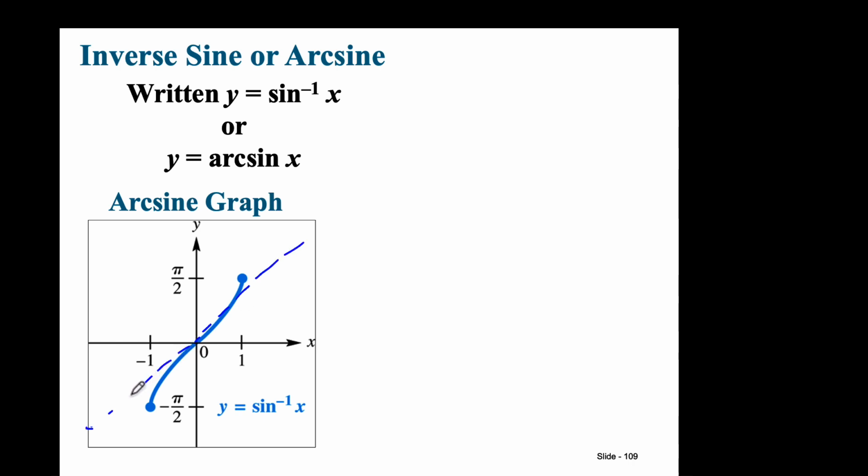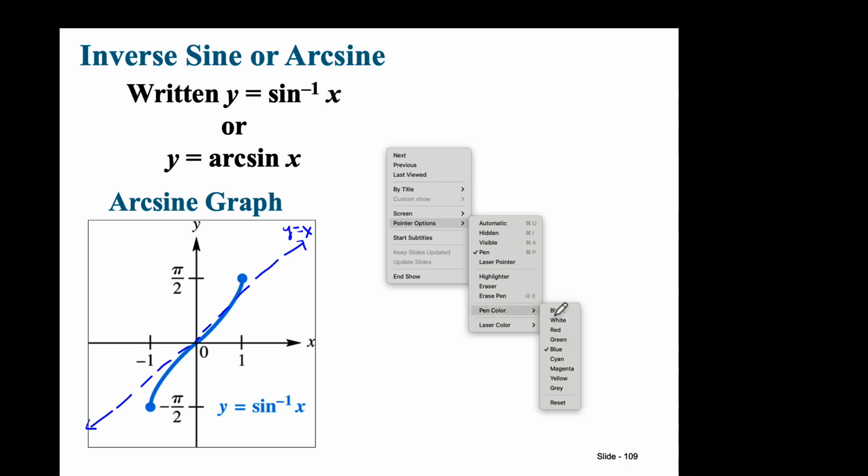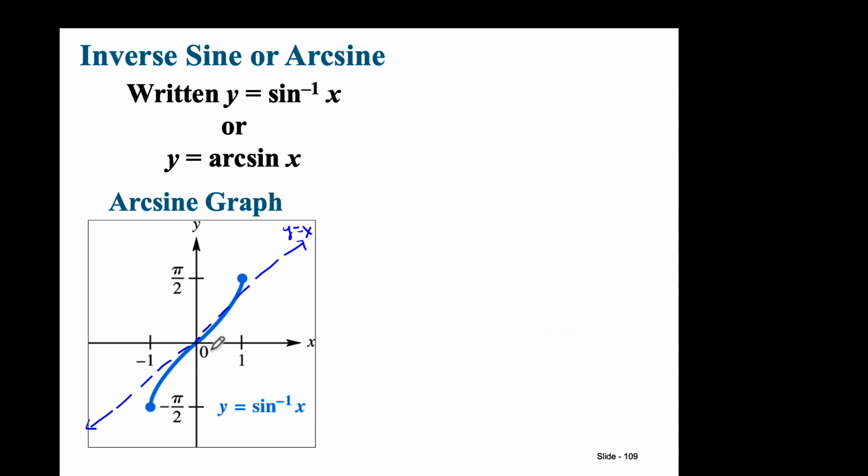So if this is the line y equals x, let me switch colors, that might be helpful. Okay, and the original function we've got here, I'm graphing that piece of the sine function that we determined to be one-to-one.